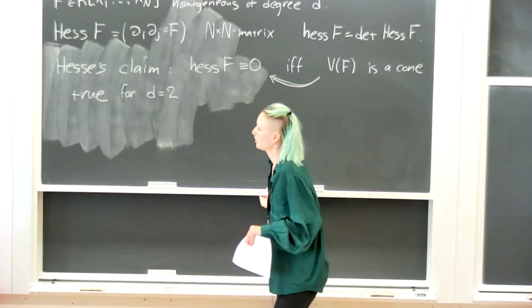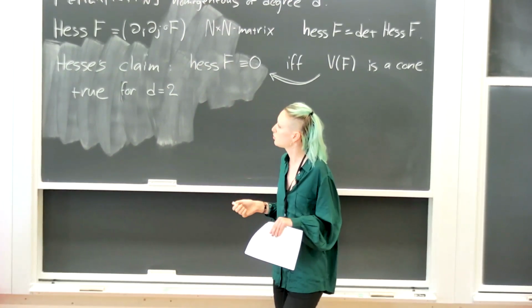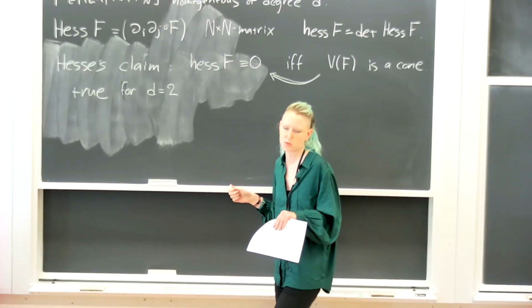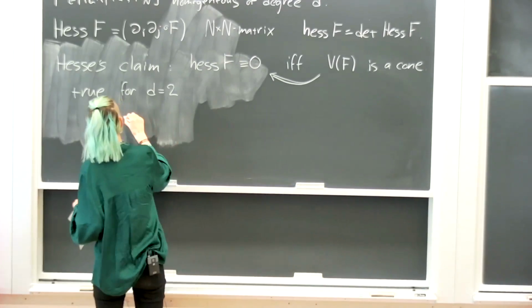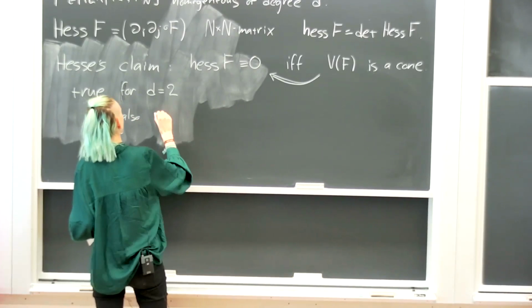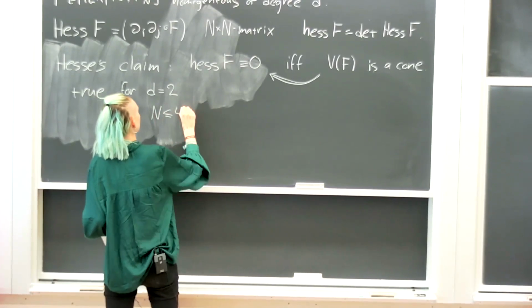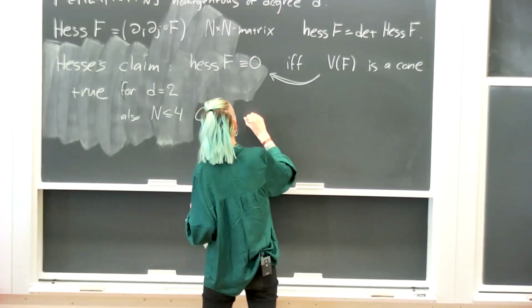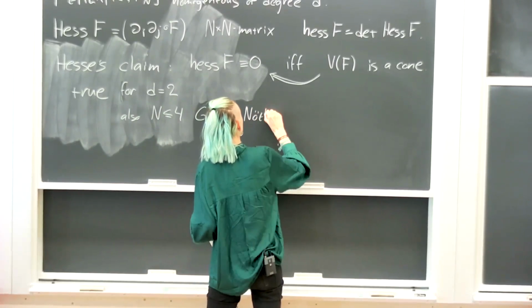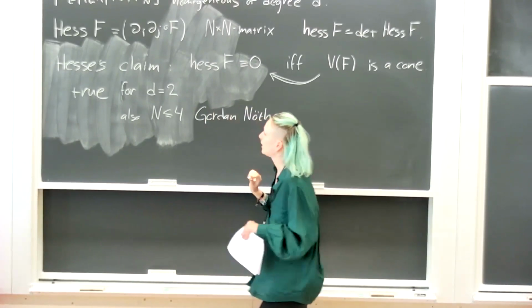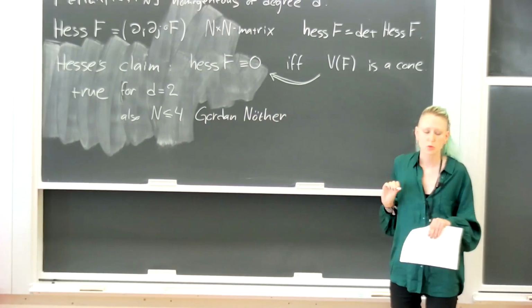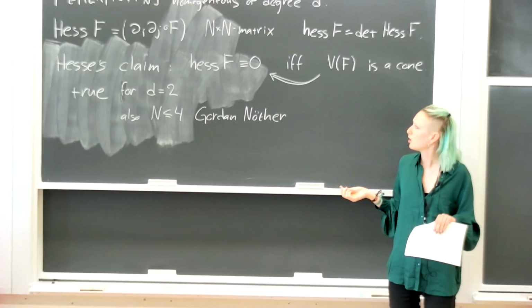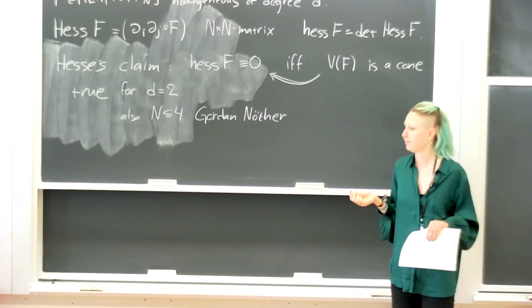Also, Gordon and Noether proved that this is true if the number of variables is at most 4. But if you go to 5 variables, there are counterexamples to this claim.